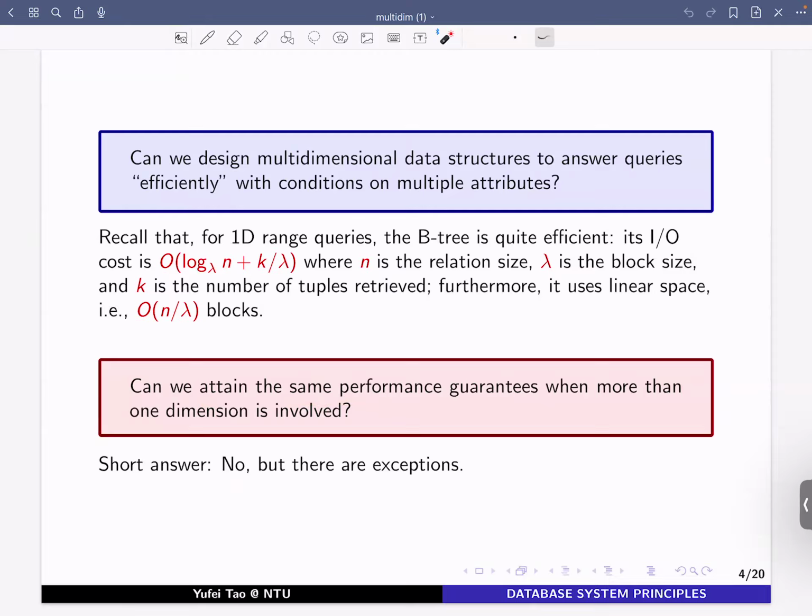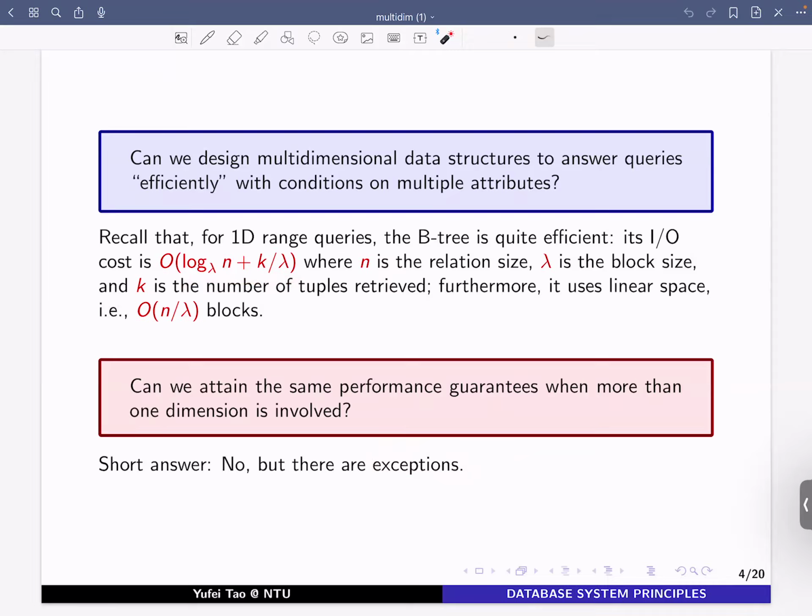Intuitively, when the dimensionality goes up, the problem of range reporting becomes more and more challenging. The amount of space that you will need in order to achieve a query bound like this will be superlinear, more than linear. However, there are some interesting exceptions in practice, and this is what we're going to talk about next.